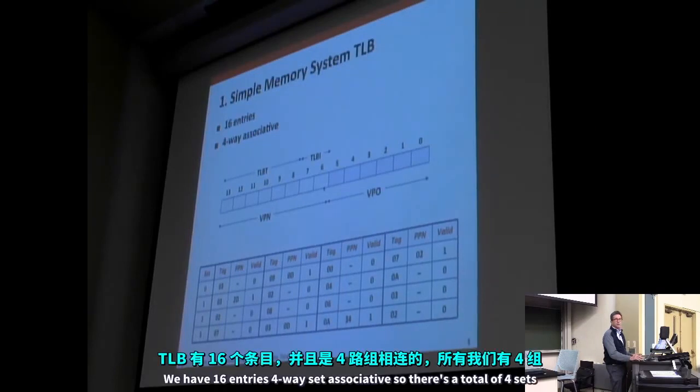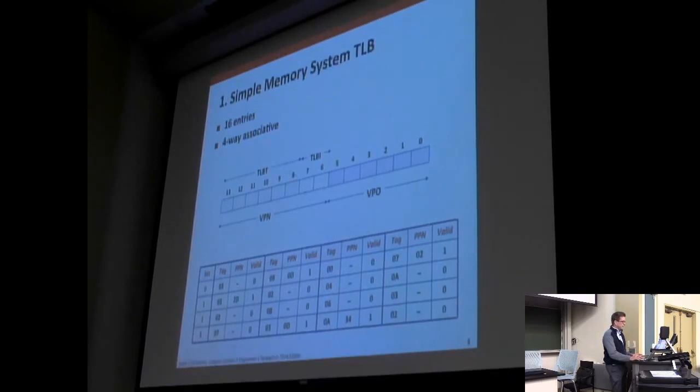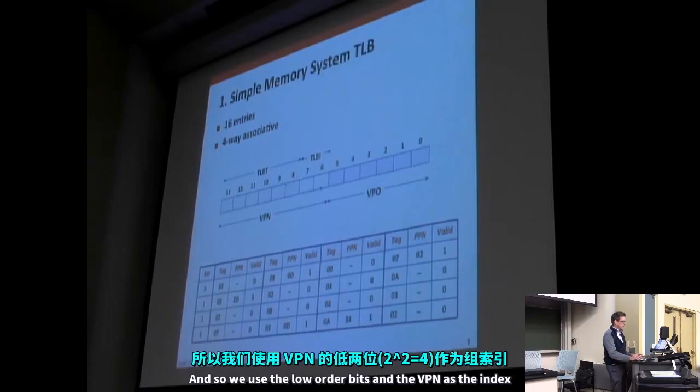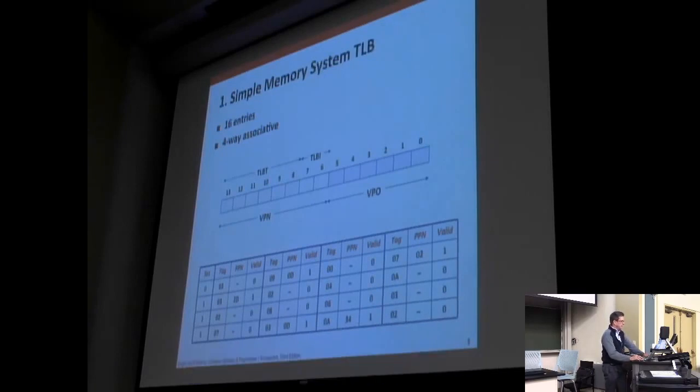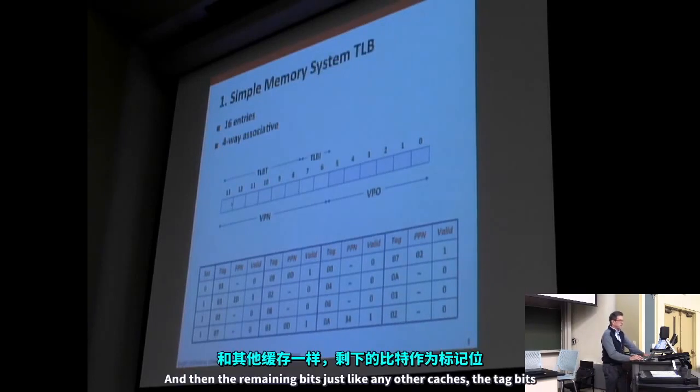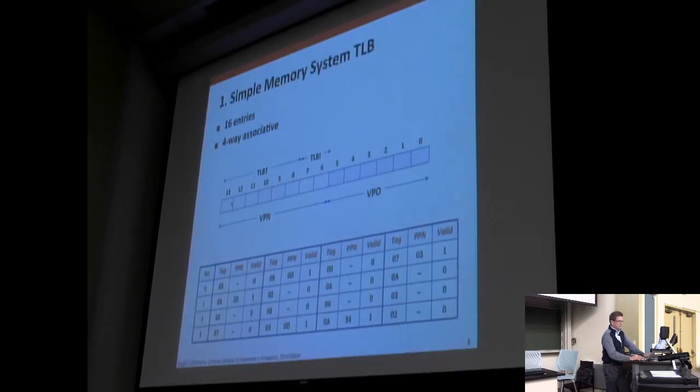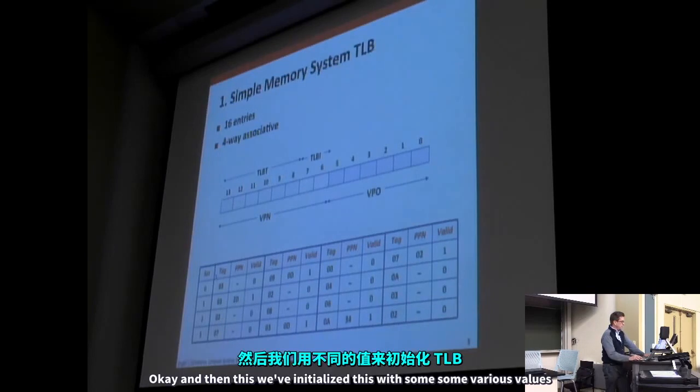We have 16 entries, 4-way set associative, so there's a total of 4 sets. And so we use the 2 low order bits in the VPN as the index, and then the remaining bits, just like any other cache, are the tag bits. And then we've initialized this with some various values.